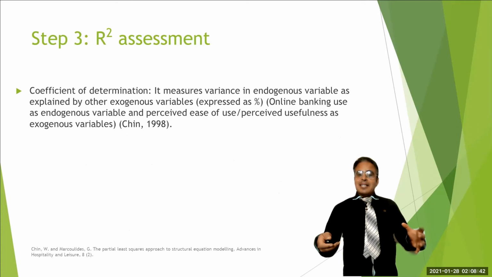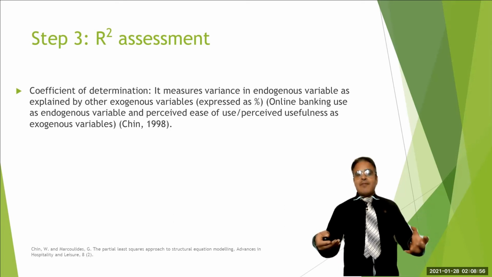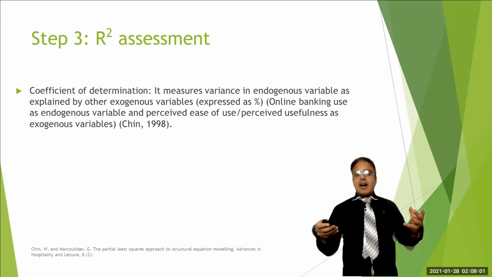Step number 3. In step number 3, we assess the level of R-square, or the coefficient of determination, that measures the variance in endogenous variables, or dependent variables, as explained by independent variables. And it is expressed as a percentage.